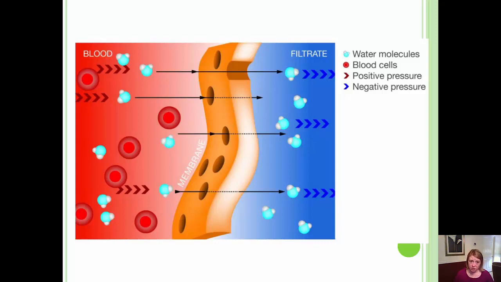When a patient is undergoing ultrafiltration, there is a semi-permeable membrane, and through the use of pressure gradients, the blood side, positive pressure, pushes the fluid, those water molecules, through that membrane. On the filtrate side, or the machine side, the machine is pulling those water molecules onto the machine side through a negative pressure.